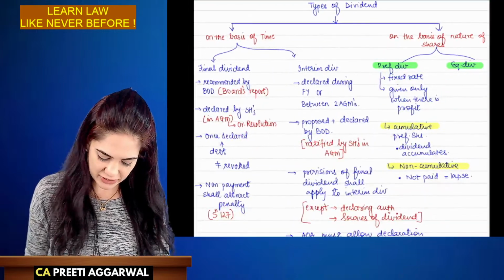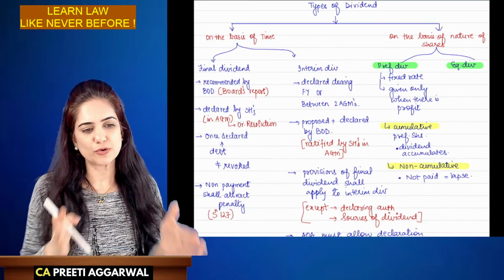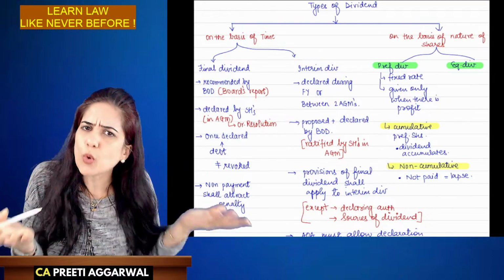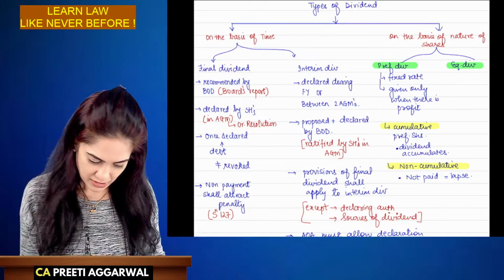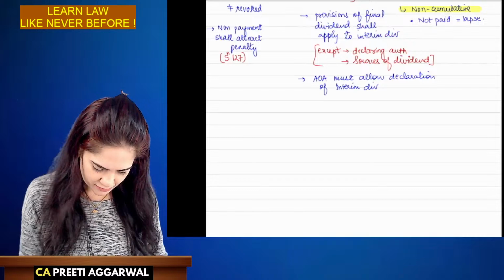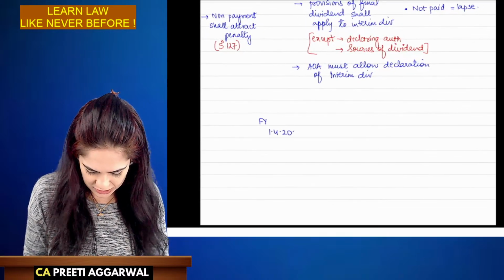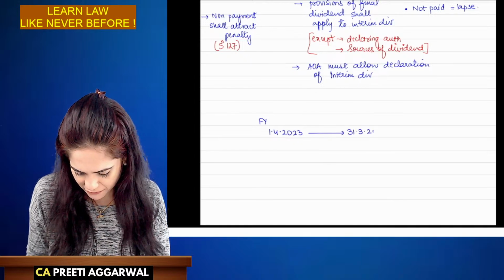It is declared during the financial year or between two annual general meetings. So whatever I declare during the financial year, or maybe the financial year is over but I have not yet conducted the annual general meeting. Let's say that my financial year begins on 1st April 2023 and ends on 31st March 2024.